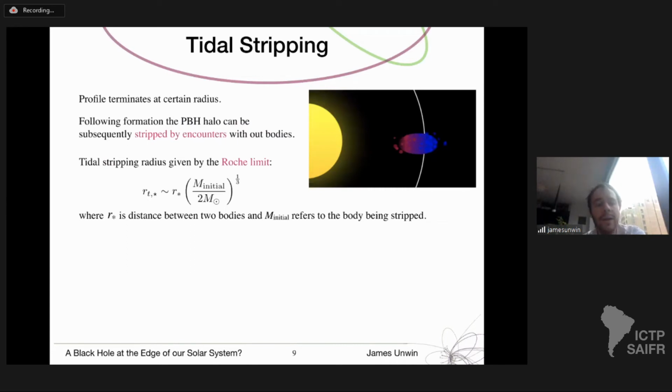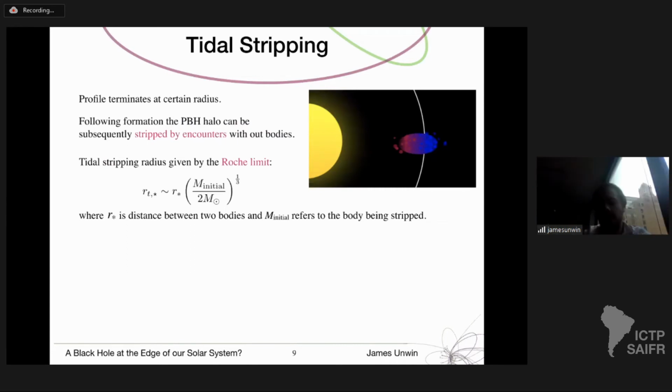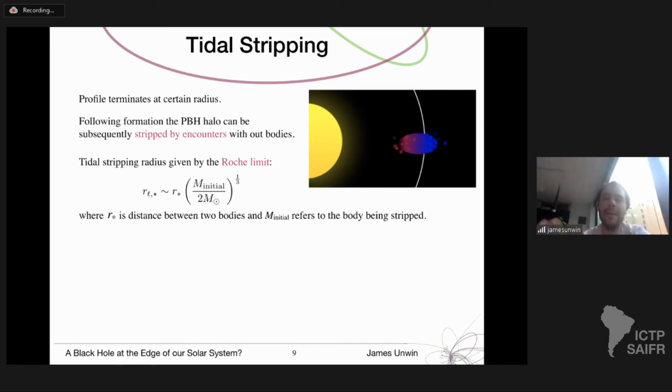One other thing you might like to note is that this power law does not have an indefinite extent. If this primordial black hole with its encompassing halo is captured in our solar system, it will have a terminal radius, which is set essentially by the point where the dark matter is stripped away by other gravitational sources.